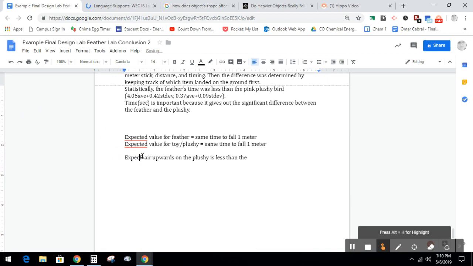The expected value of the force of air upwards on the plushie is less than the expected value of the force of air, F air, upwards on the feather. The feather, and here the expected value upwards on the feather is more than the plushie.